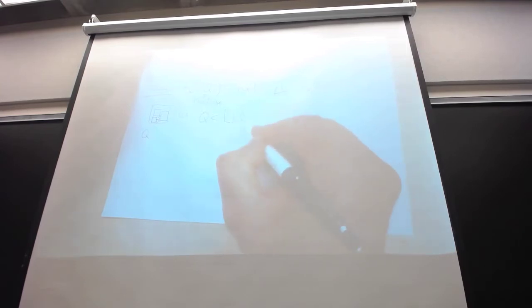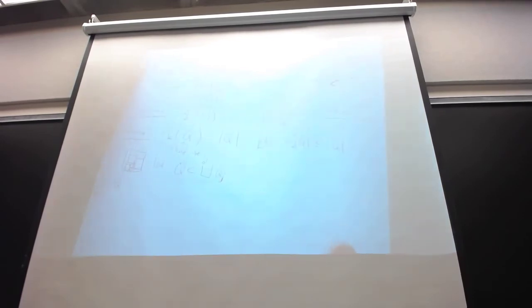I need to know that this infimum can't be less than the size of Q. So how do you prove that? Assume it is. Okay, we could try to do one by contradiction.